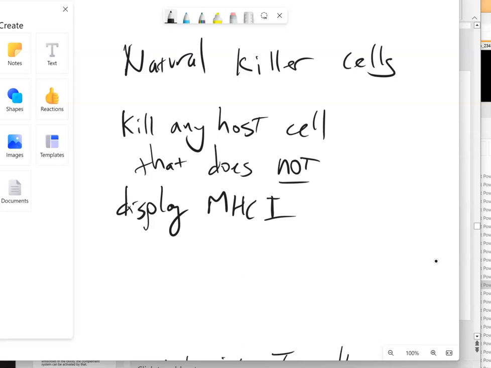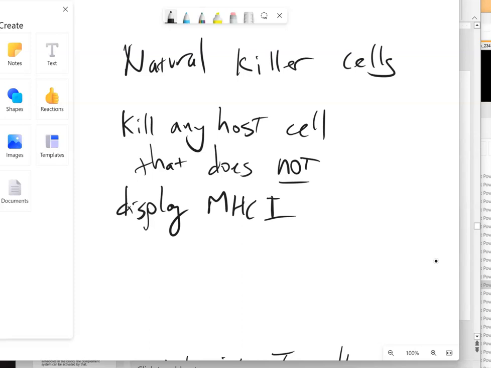Influenza definitely does this. So, when influenza starts infecting respiratory epithelial cells, they will stop displaying MHC1. So they're going to be invisible to cytotoxic T cells. So our only hope against these virion factories are the natural killer cells that recognize that this has happened and kill these virion factories.